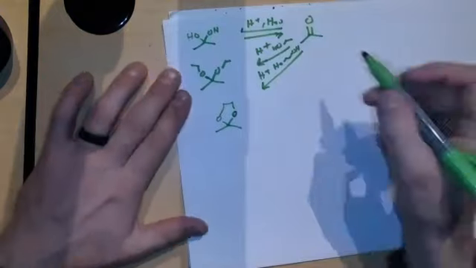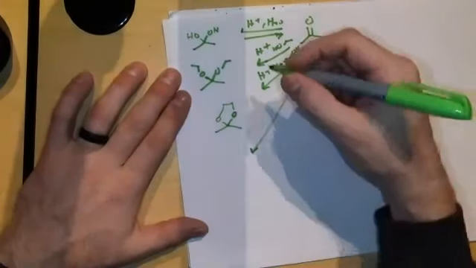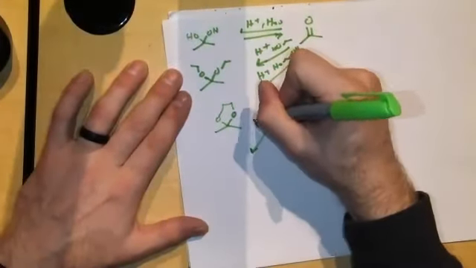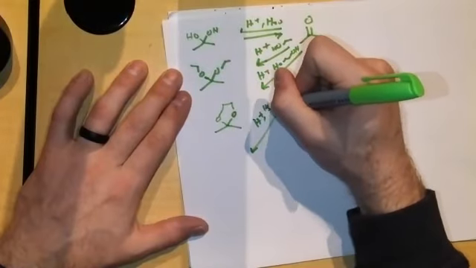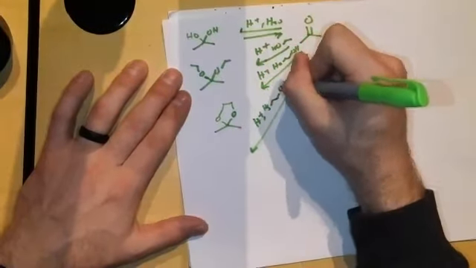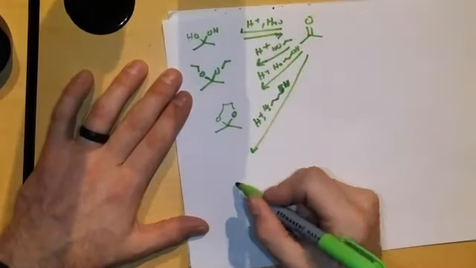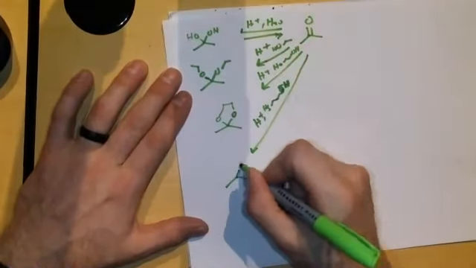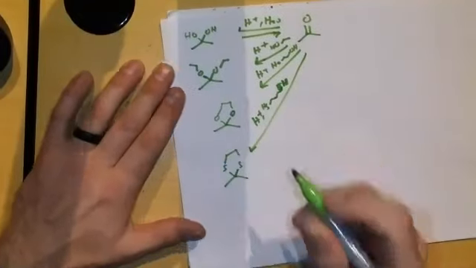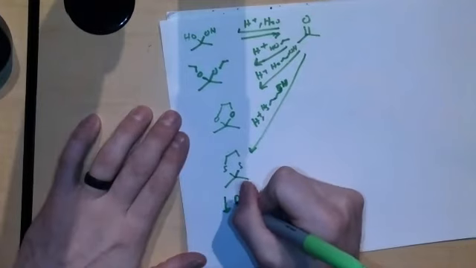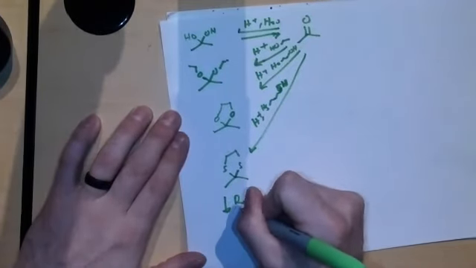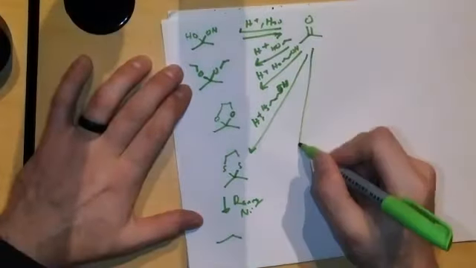We could also do this with sulfur. If we do it with sulfur, we can throw in Raney nickel to reduce it. We can do amines.